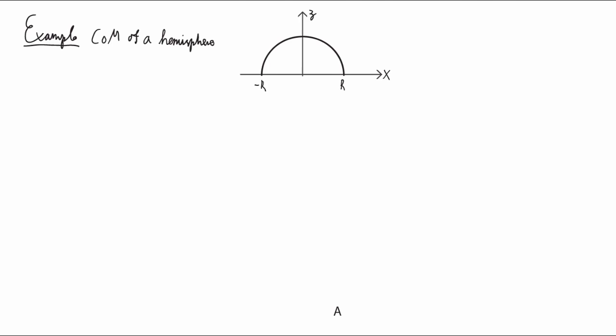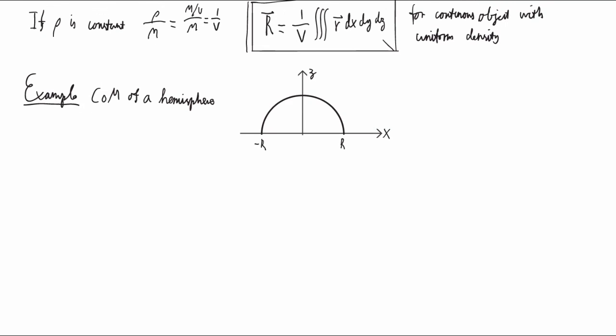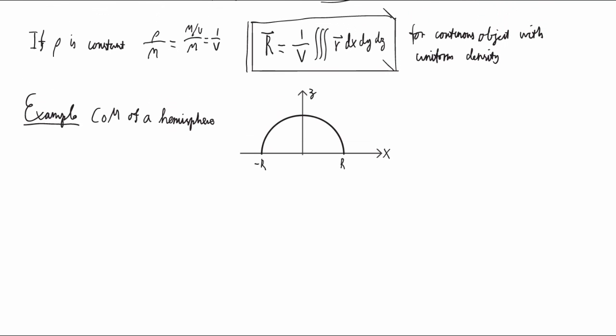In order to make this work, we have to apply now this formula here. So you want to figure out where is the center of mass. Now, just from symmetry, we can say that it has to be on the z-axis, clearly. But the question is exactly where on the z-axis.